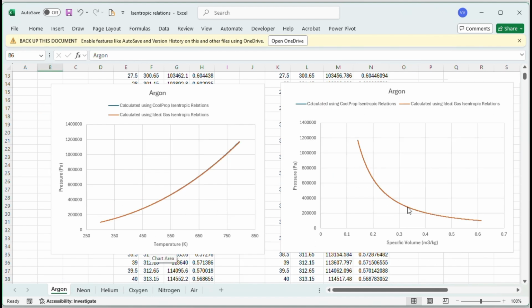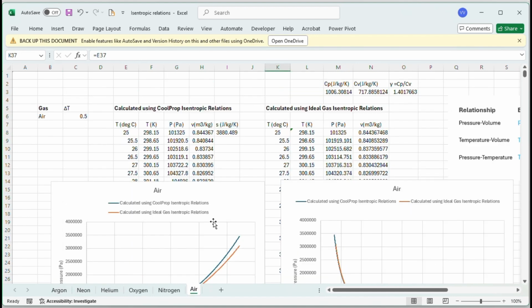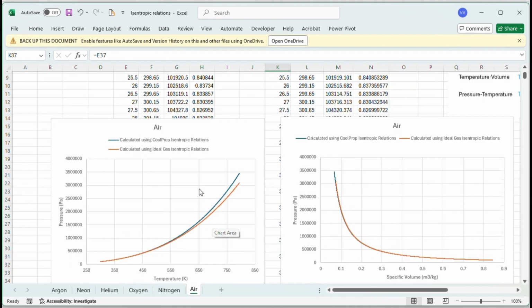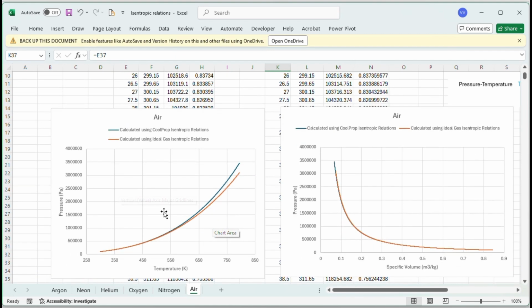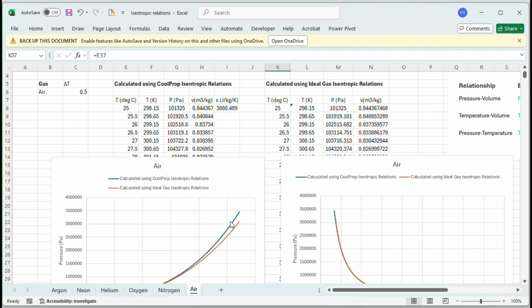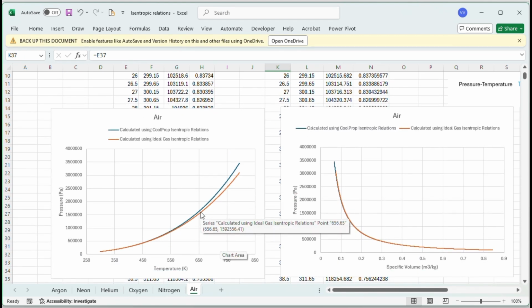Same for argon. But when you start looking at air, you can see some differences, especially at certain temperatures and very high pressures. There is some difference in the values calculated using CoolProp versus the ideal gas isentropic relations.